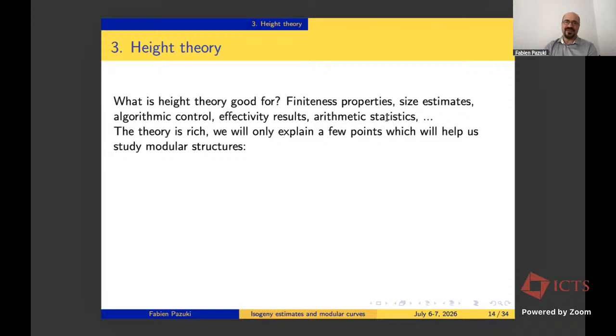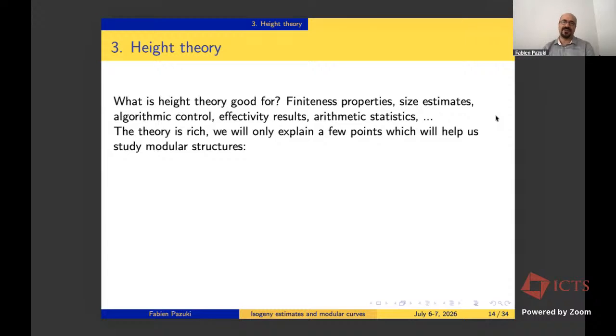So arithmetic statistics is a way to formulate that you care about how the number varies, say in a family, or when a parameter is growing. You know, how many Galois extensions of cyclic group of order 4 you have, or things like this, when the discriminant is bounded, and then you let the discriminant grow.